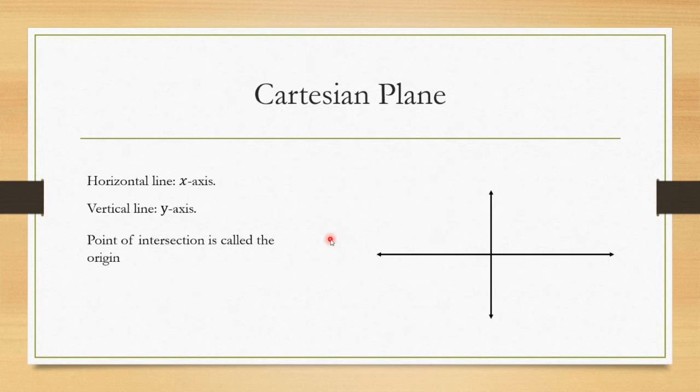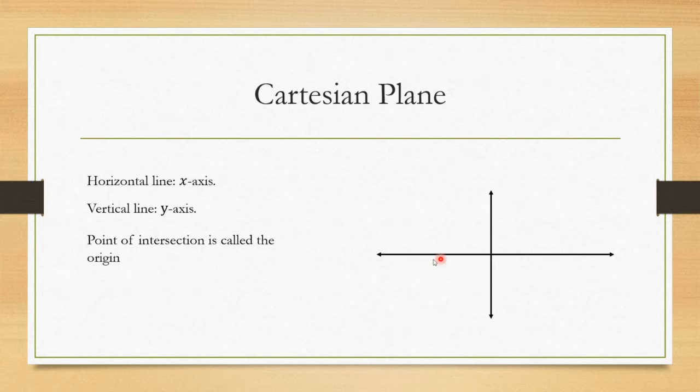All right, so what is the Cartesian plane? Well, if you take 2 copies of the number line, one of them horizontal, the other vertical, and they intersect each other like this, you have essentially the Cartesian plane.